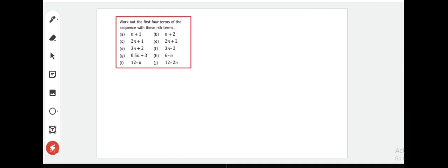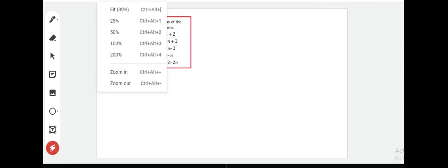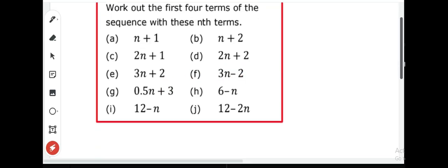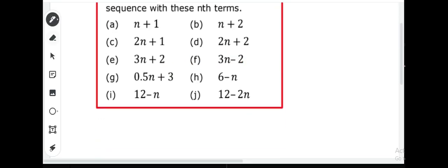So for each of these questions, let me zoom in. Work out the first 4 terms of the sequence with these nth terms. We've done a number of them. Let's look at this one. For instance, F says 3n minus 2.